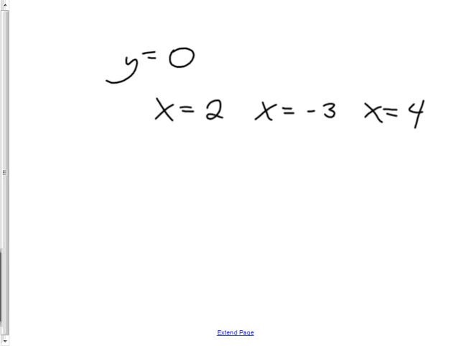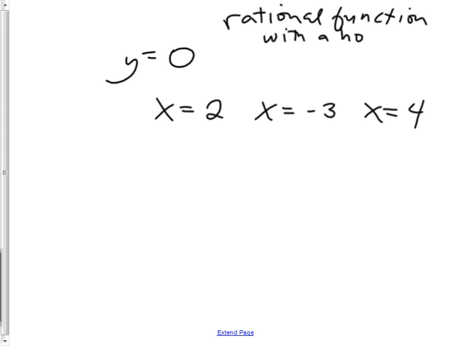Last thing is, it's a rational function with a hole at x equals 7. Write me an equation that would work for that.